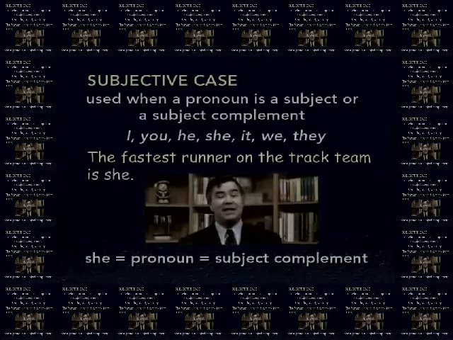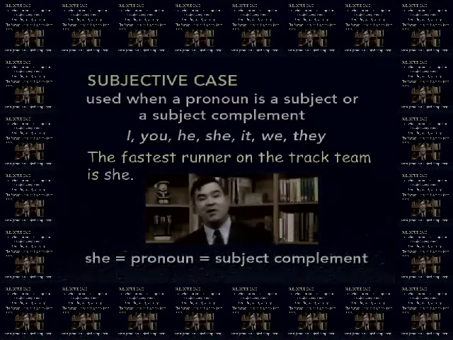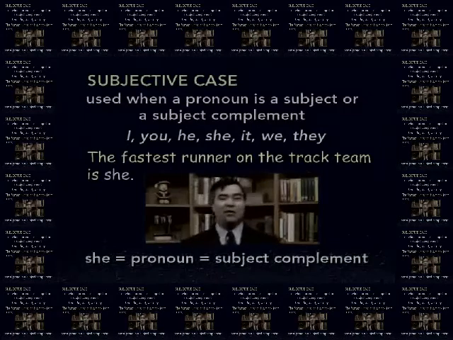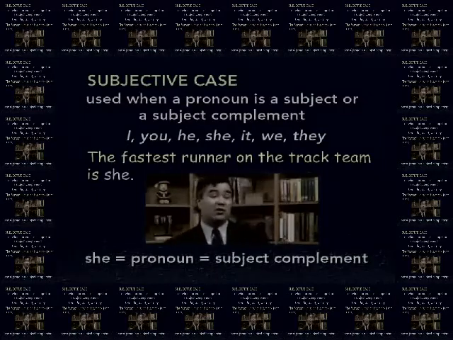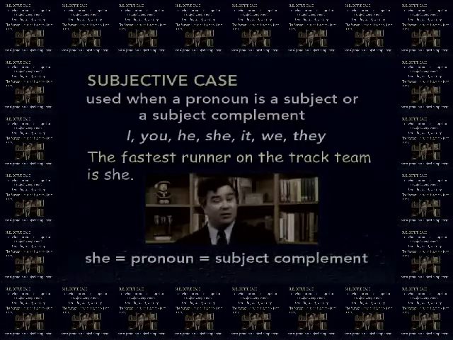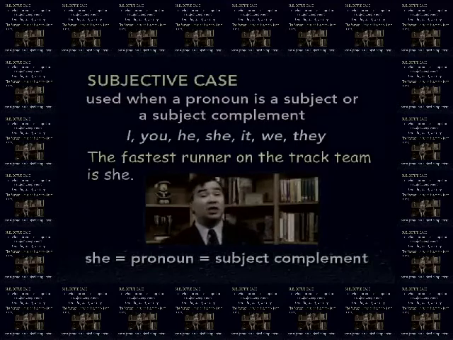The word she acts as a subject complement because it refers back to the subject of the verb, runner. Who is the fastest runner? She. So the subject complement she gives more information about that subject, runner. It tells who the runner is, she.